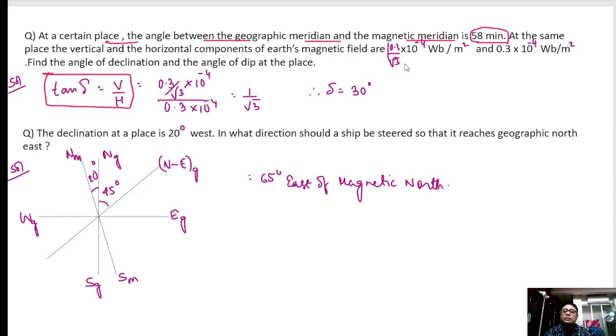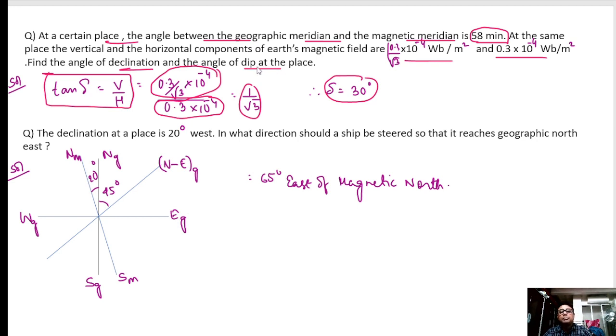Vertical and horizontal magnetic fields are given to us. This is the vertical and horizontal. So we get 1 by root 3. So delta comes out to be 30 degree. Find the angle of declination and the angle of dip at that place.